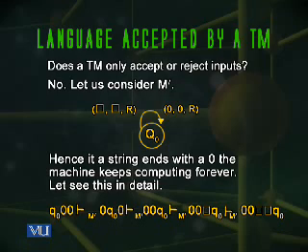Then it will read a blank and replace the blank with a blank and move to the right again. Then it would read another blank, replace the blank with a blank and move to the right. And all this time the machine will remain in the state Q0. It will continue to read blanks and continue to move right forever. So this machine will keep on computing forever.